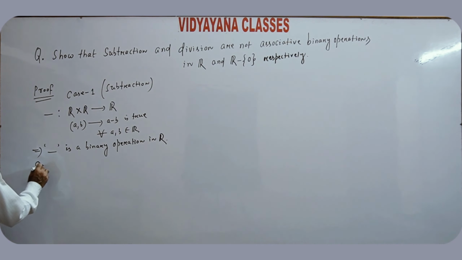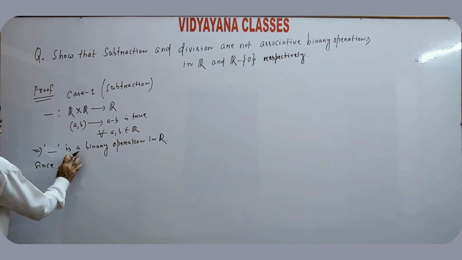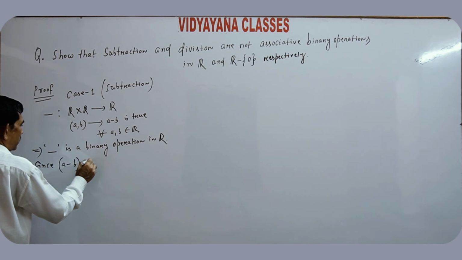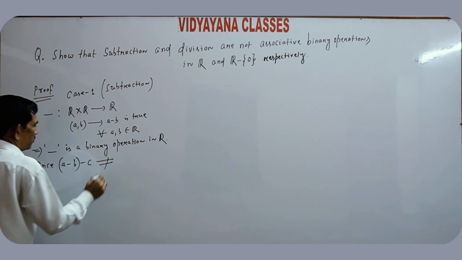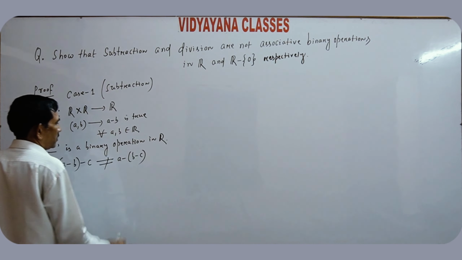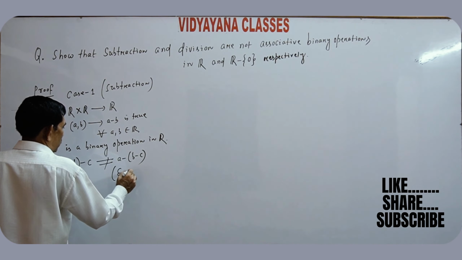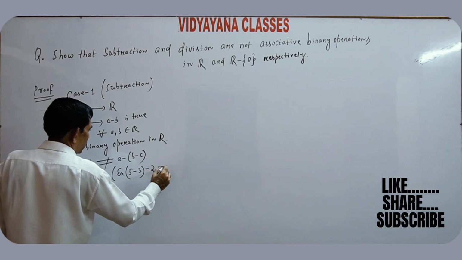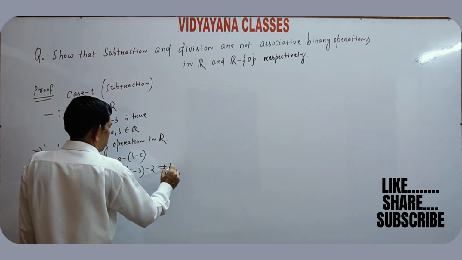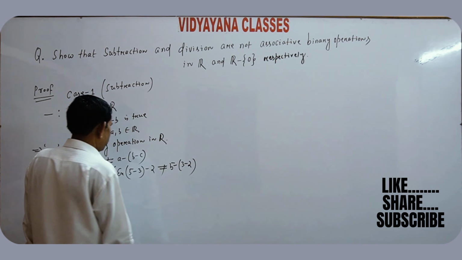Since (a minus b) minus c is not equal to a minus (b minus c). For example, (5 minus 3) minus 2 is not equal to 5 minus (3 minus 2).